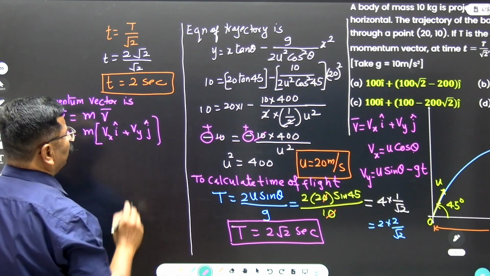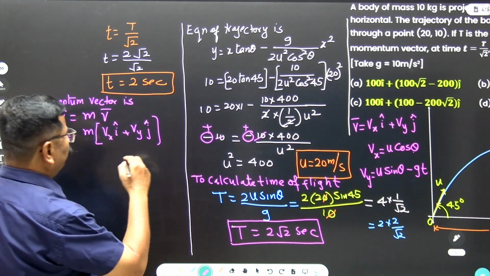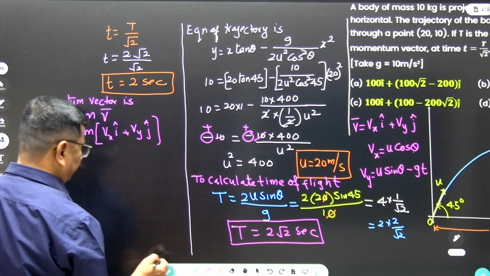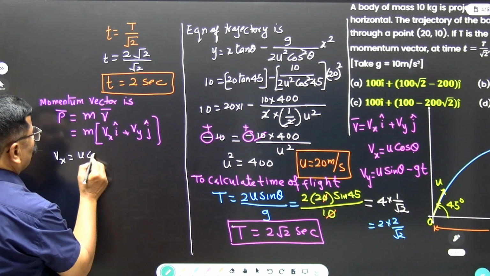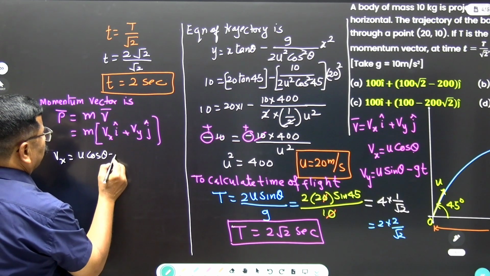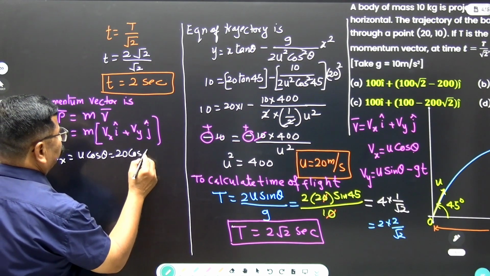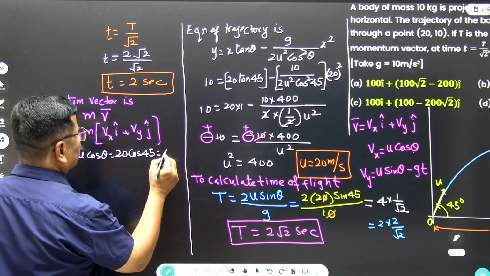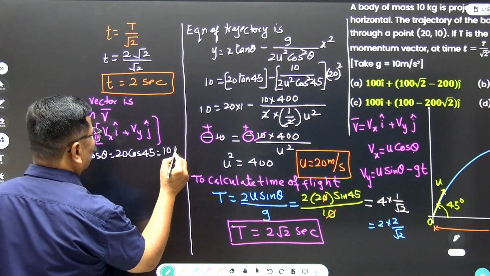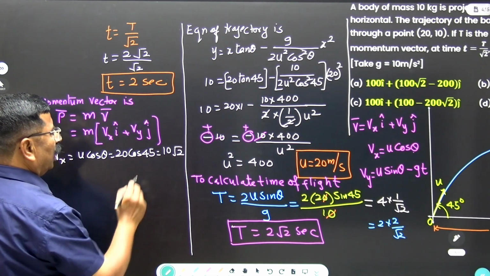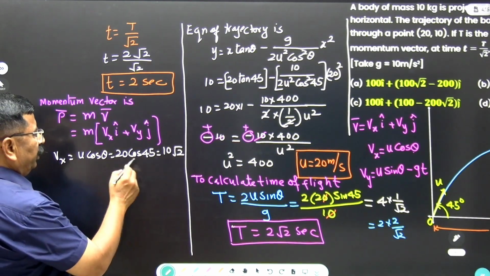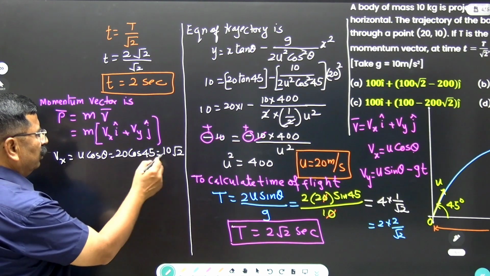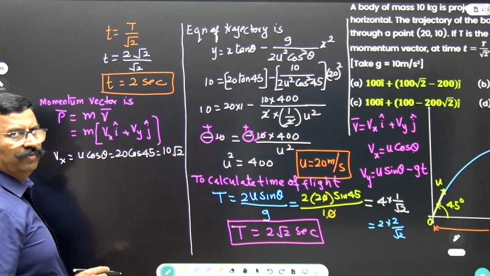Now we need to find vx and vy. So we will find vx and vy separately now. Vx is equal to u cos theta, that is 20 cos 45. This comes to be 10 root 2. How 10 root 2? 20 into 1 by root 2. So rationalize this, and this will give the value 10 root 2.